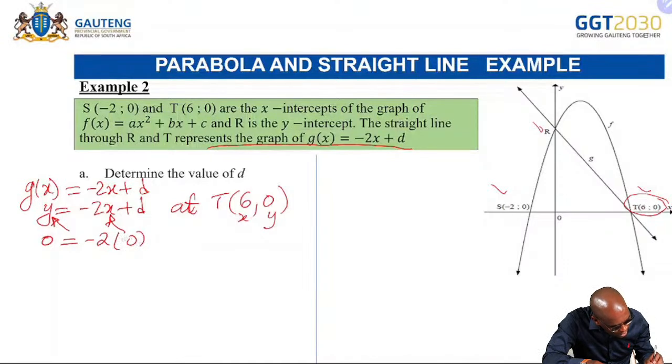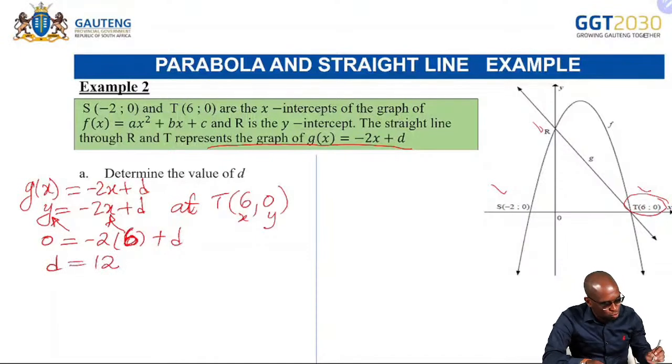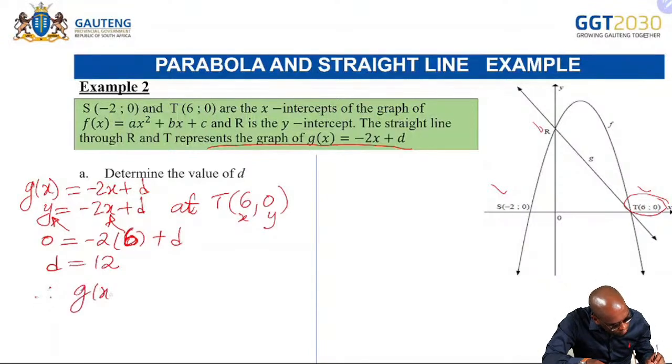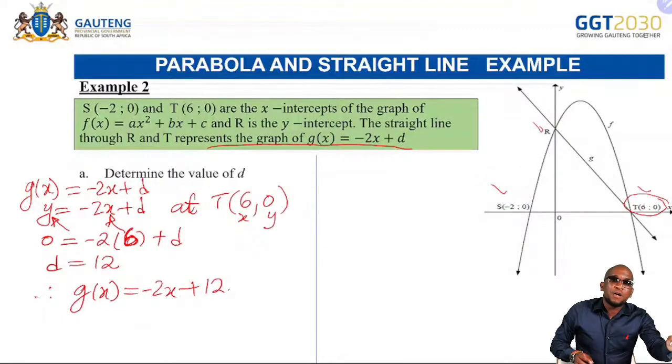Where I see x, I can put 6, and where I see y, I can put 0. So now you see that d is equal to 12. So we've worked out the value of d, which means that this equation g of x is equal to minus 2x plus 12.